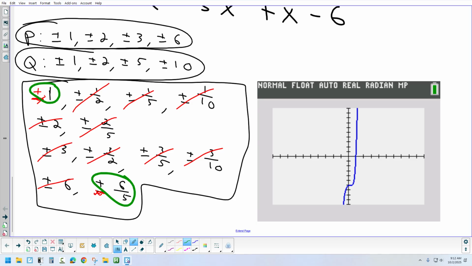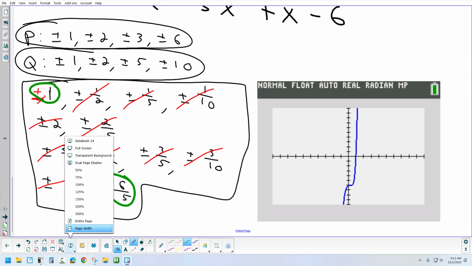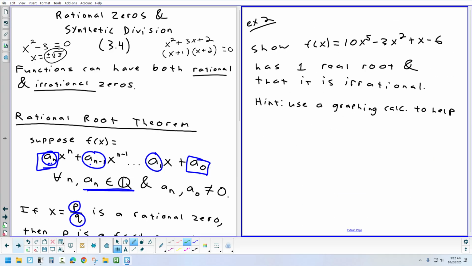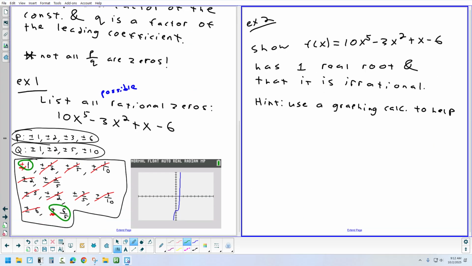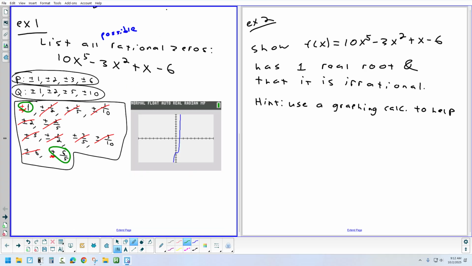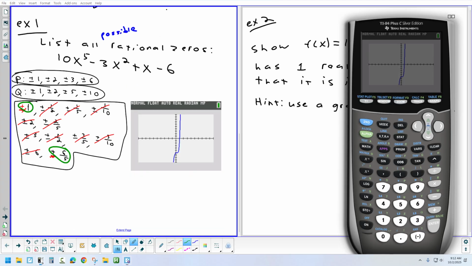So now, what I want to do is prove that that graph only crosses the x-axis one time, and that where it crosses is irrational. So what do you think I'm going to do on the graphing calculator now to help us out?